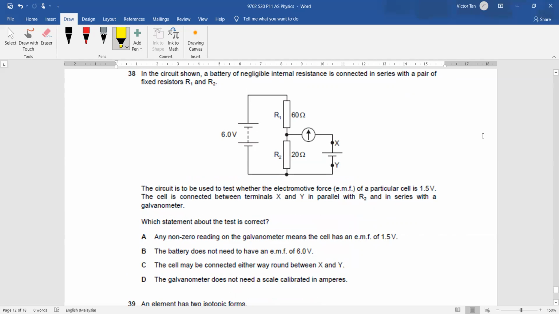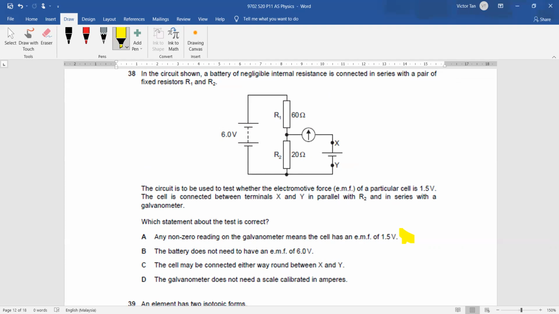Any non-zero reading means the cell has an EMF. Wrong. The battery does not need to have an EMF of 6 volts. Which battery? The cell can be connected either way around between X and Y. This is correct? It does not need to scale or calibrate in amperes.